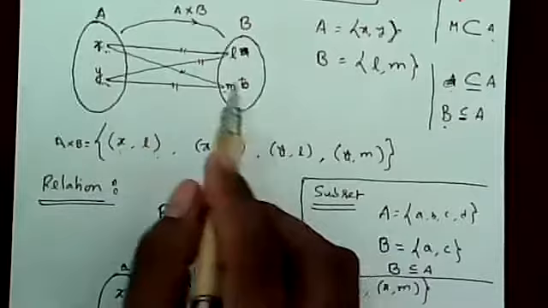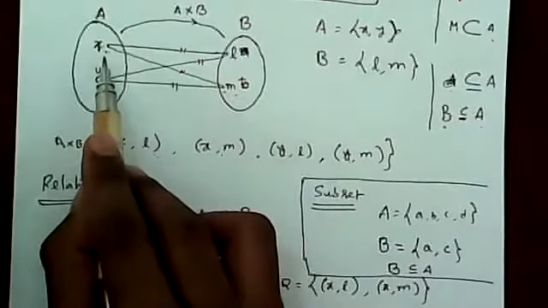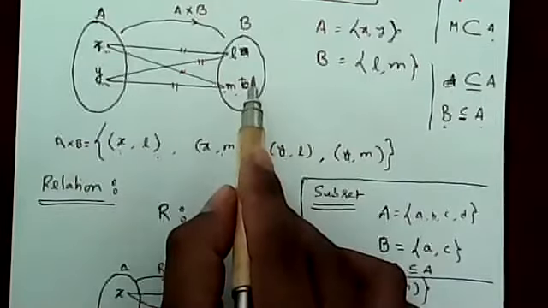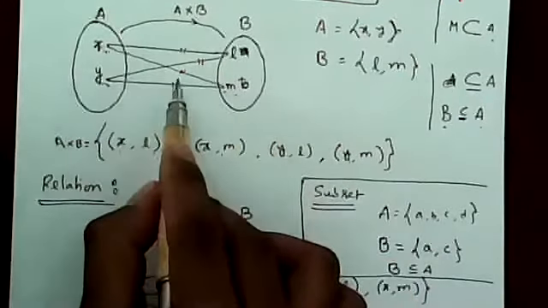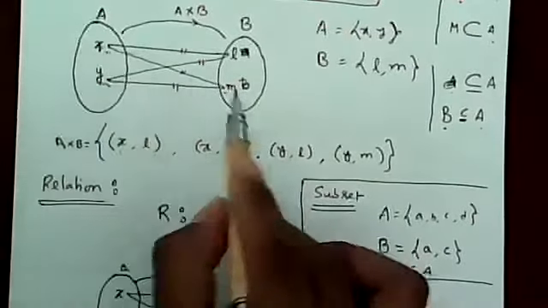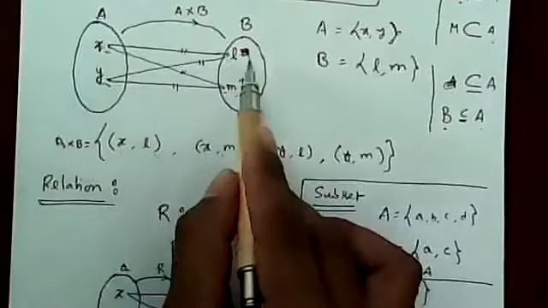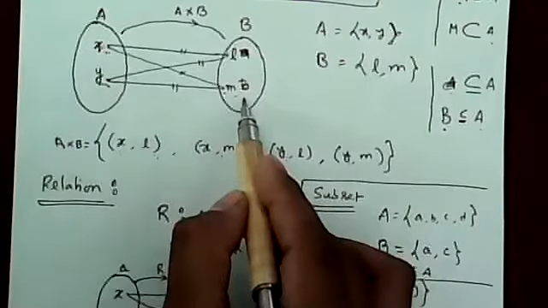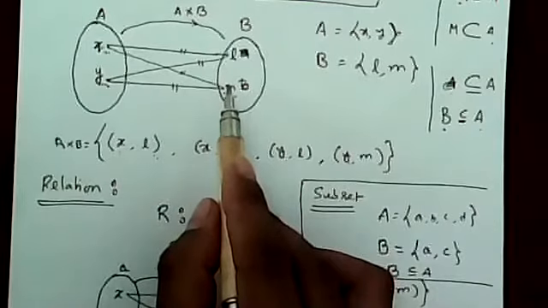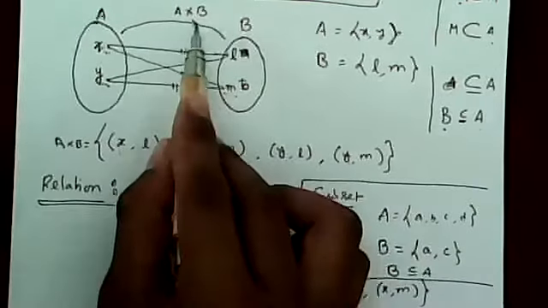I just said I give some information to A and ask them to pass that information to the set B. All those possibilities, like x can commute with L, x can commute with M, y can commute with L, y can commute with M, if we collect all of them, that was nothing but the Cartesian product.